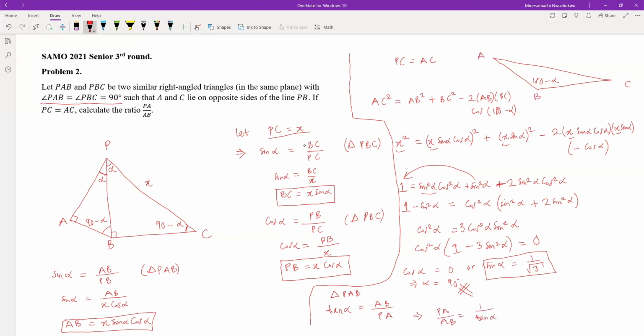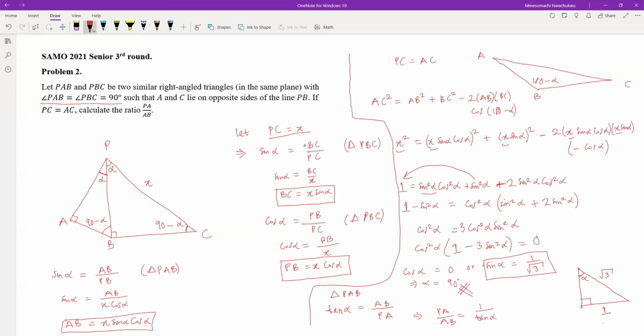So to find tan alpha from this, we can just sketch a diagram and get our angles immediately. So if we say this is a triangle with alpha here, and we let this be 1 and this be root 3. Okay, so opposite of alpha is 1 and the hypotenuse is root 3.